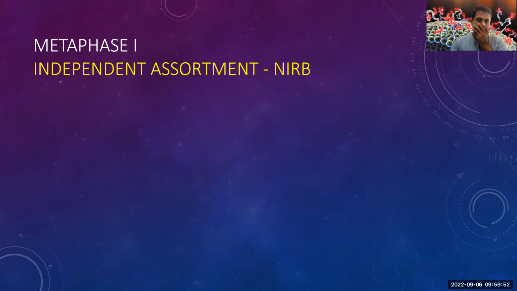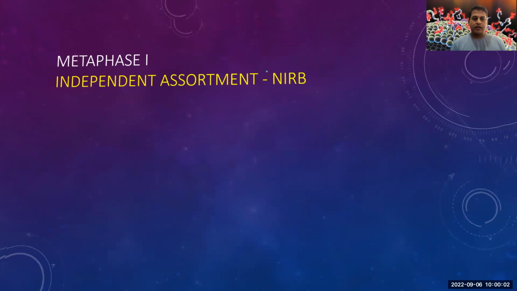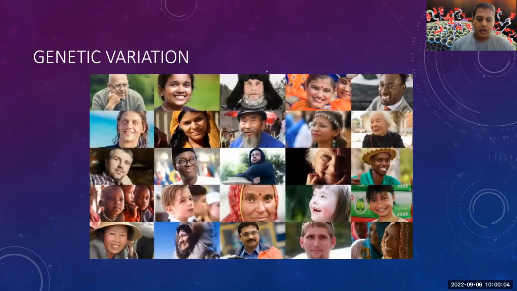So I just highlighted this independent assortment, not in the resource book, but that's a very standard word. But now we understand what is happening at the metaphase. Right now, both in meiosis, prophase 1 and metaphase 1, the changes make every human individual different from each other.